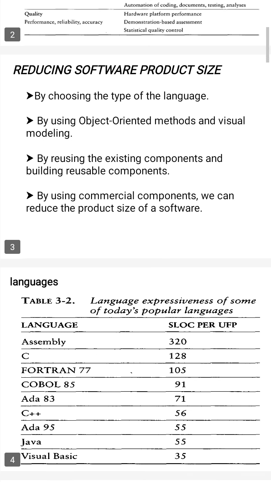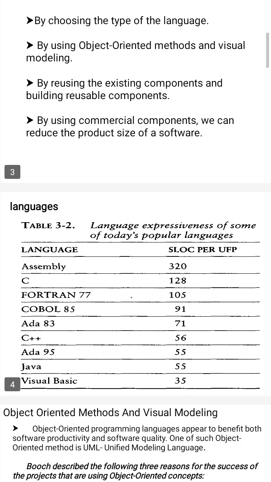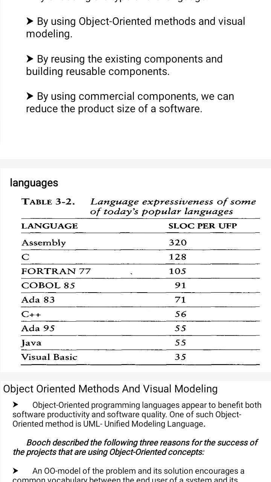First we go for the languages. For any software, whichever language you choose decides the size of the product. In this table there are several languages and the source lines of code for a single software.